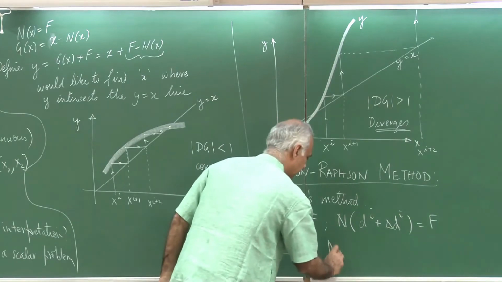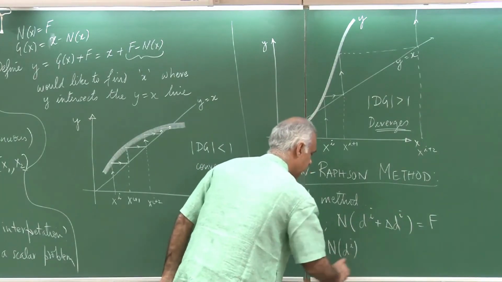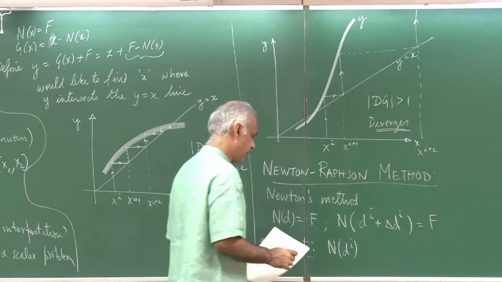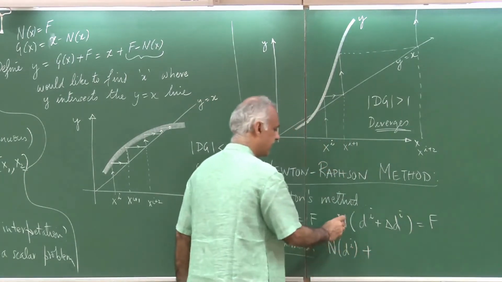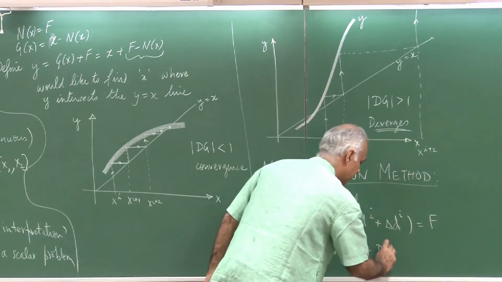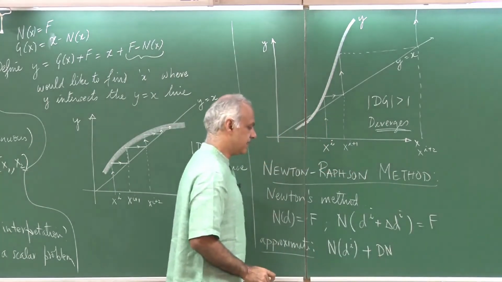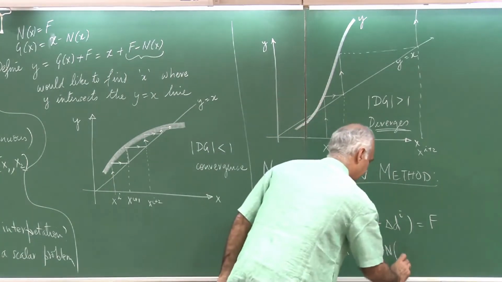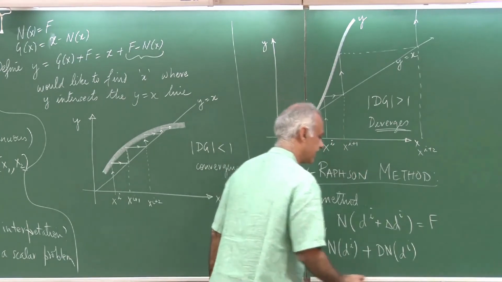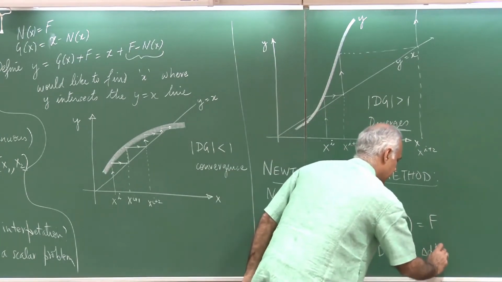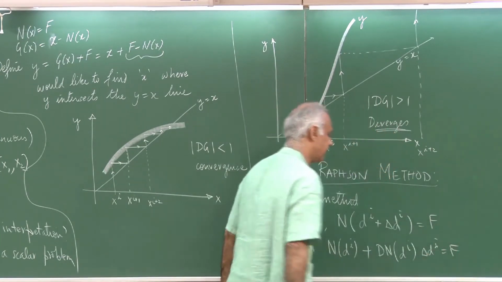as follows. So I will write this as N of di plus the derivative of N, which I am going to just write as dN, evaluated at di, times delta di, equals f.